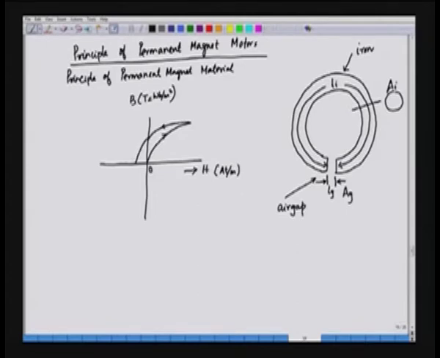Then if we make H negative, flux density further decreases and sometimes this becomes equal to 0. Then we further increase H in the negative direction, it reverses. So, B becomes negative and then we increase H after that. H will increase to 0 and then H will become positive. So, this is how the path is traced, and this is what we call a BH characteristic.